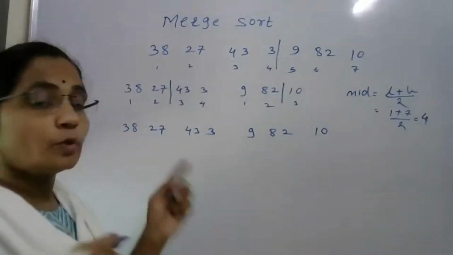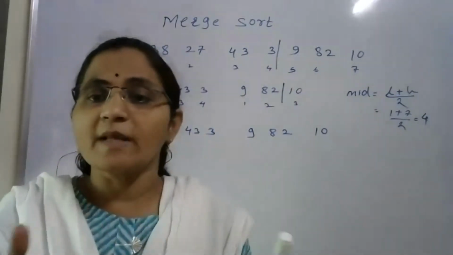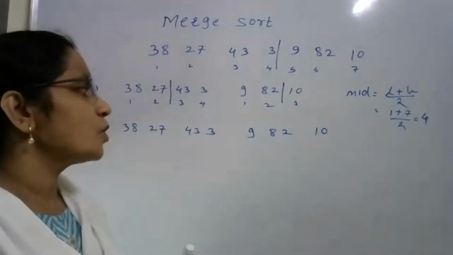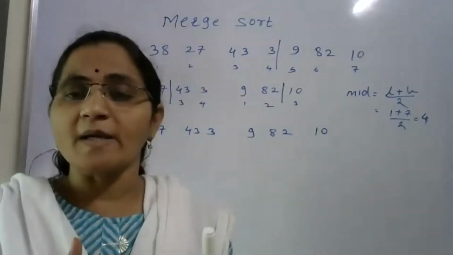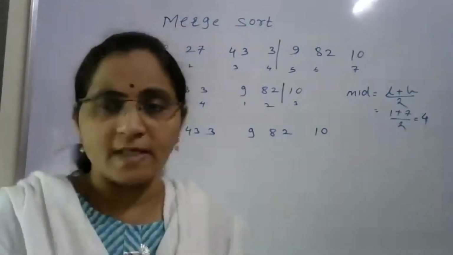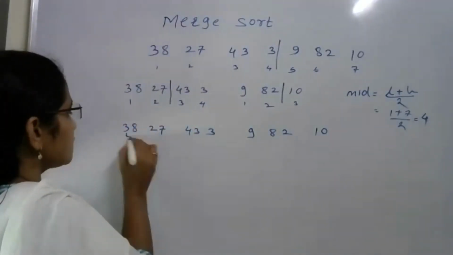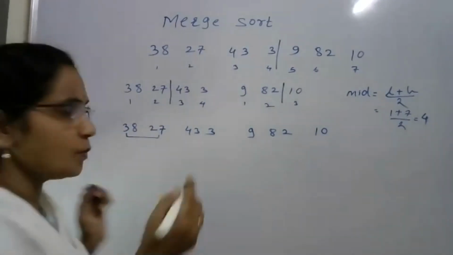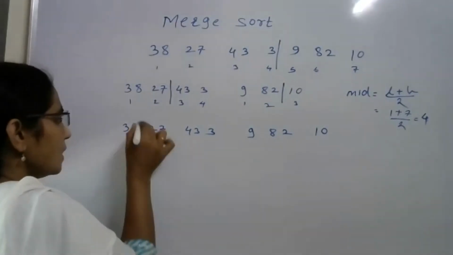Once again, you divide these sublists into n number of lists because we have 7 elements. So you divide all the elements till you get a single element in every sublist. Once again, you divide these two. 1 plus 2 is 3, 3 by 2 is 1.5, means you just divide from the middle.